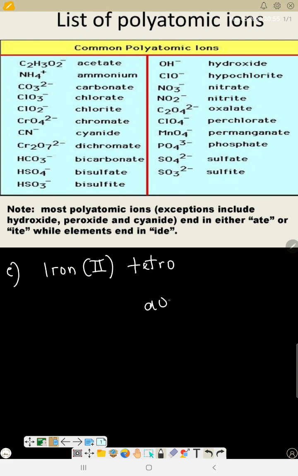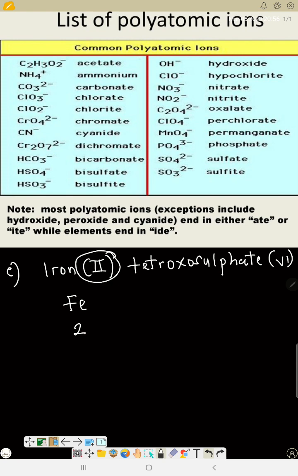Remember I said if we have trioxo, the a-o will turn to o, so in spelling it will now be tetraoxo. Tetraoxosulfate 6. Now iron is Fe, and the charge will be 2, a valency, because we have iron 2. We use Roman numeral for transition metal. I've explained that. Tetraoxosulfate 6, that is SO4.